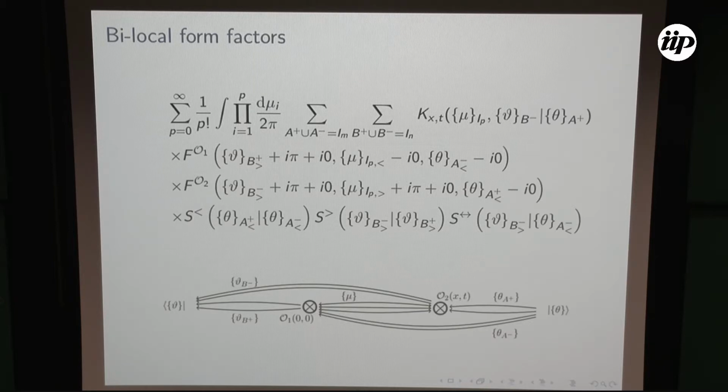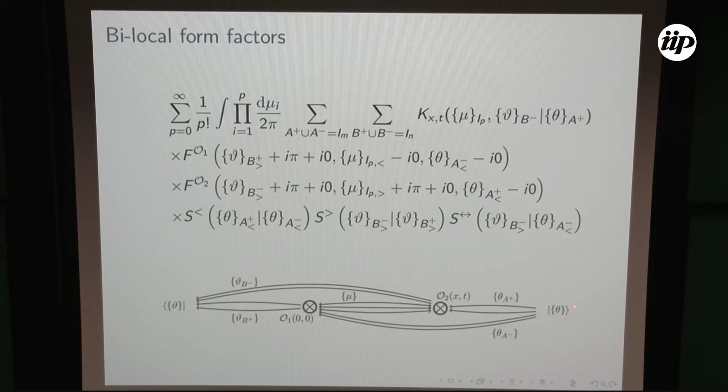So you have the two operators, O1, O2, and you have some rapidities on the right, incoming in the set A, and the outgoing in the set B. The way to calculate this bilocal form factor is to bipartition both the incoming and outgoing rapidities.